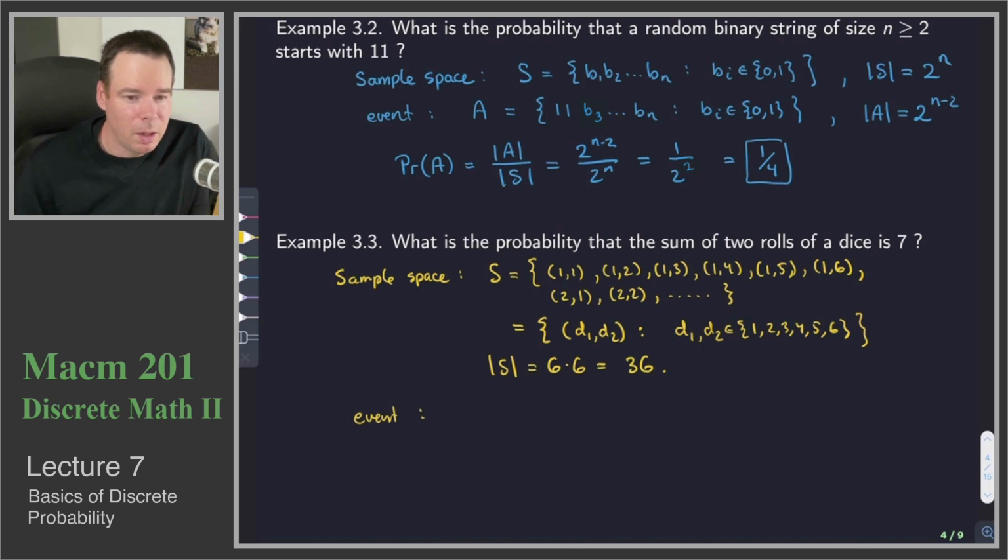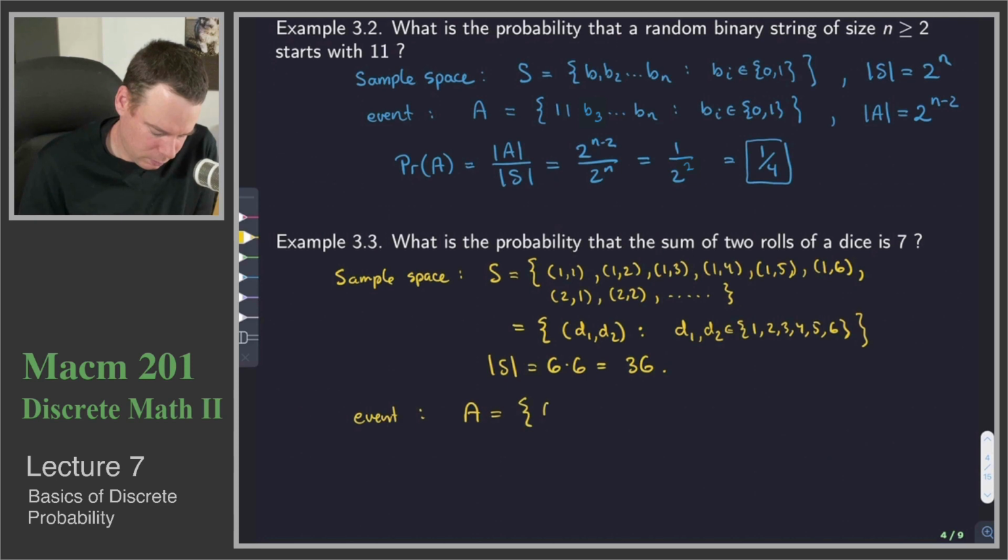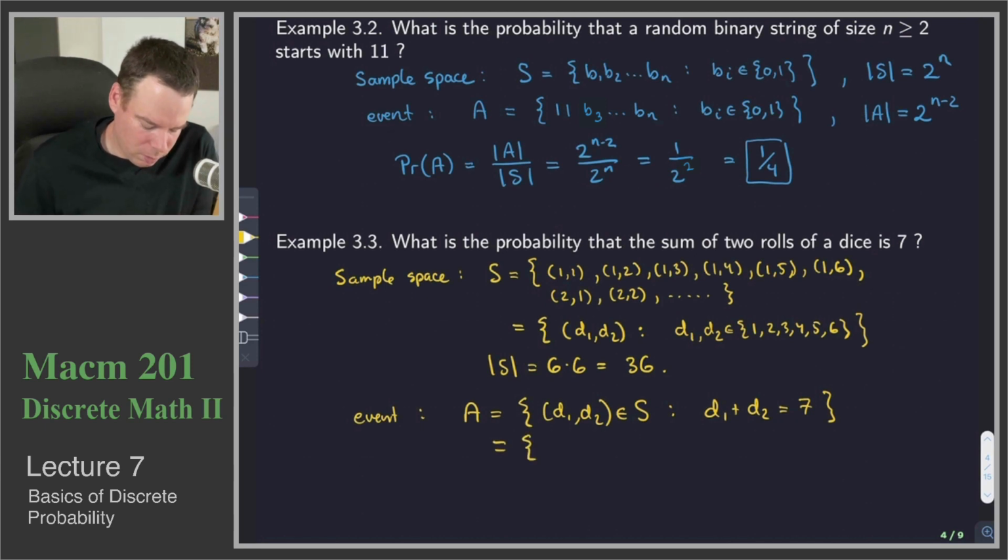What is our event? Our event is rolling 2 dice and getting a 7. So it's going to be the set of all pairs in S such that the sum is equal to 7. So how many are there?